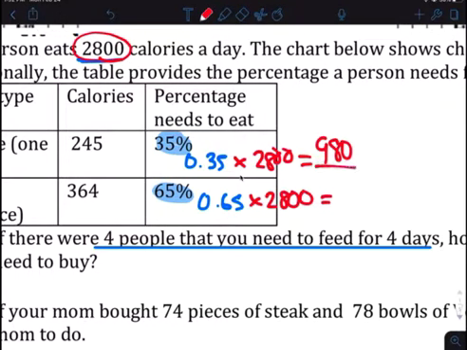Divide that by this right here, 245. I'm going to do the next one first. You get 4.